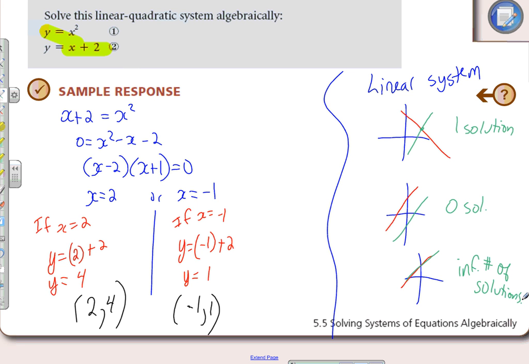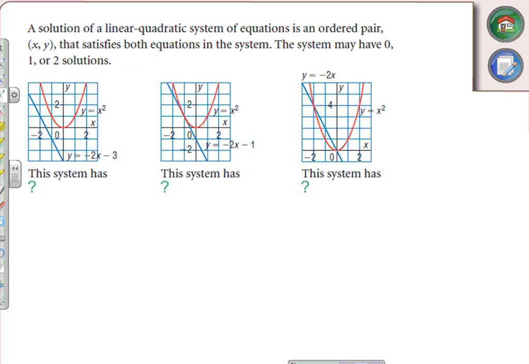So let's look at the same type that we can have for linear and quadratics here. A solution of a linear quadratic system of equations is an ordered pair, x, y, that satisfies both equations in the system.